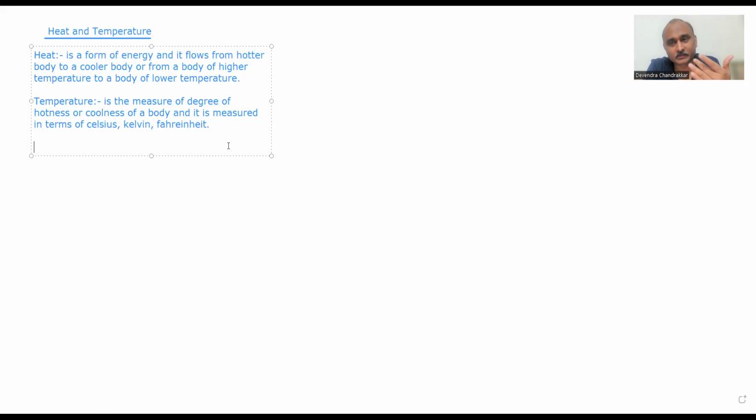We do measure temperature, but how? So using a thermometer? Yeah, very good. So temperature is measured using a thermometer. Okay?